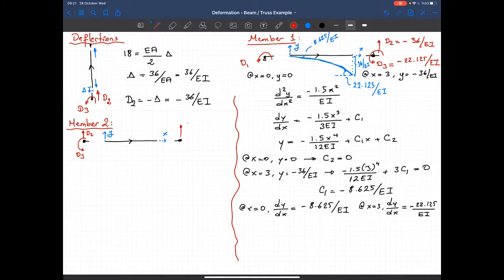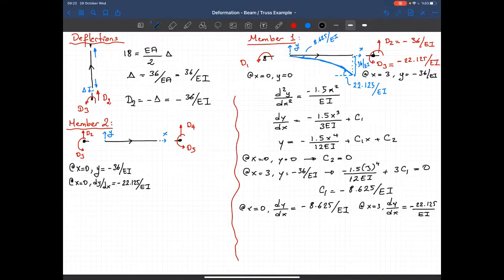I got D4 and D5 here. So the boundary conditions: at x equals 0, y is equal to minus 36 over EI, and at x equals 0, dy over dx is equal to D3, which is minus 22.125 divided by EI. So these are the boundary conditions, okay?